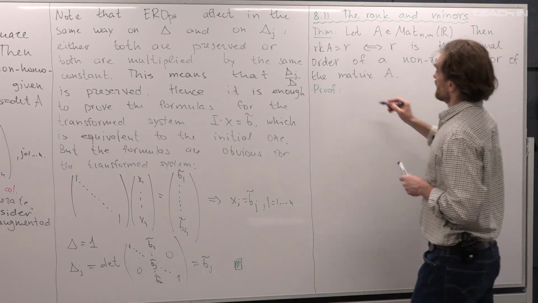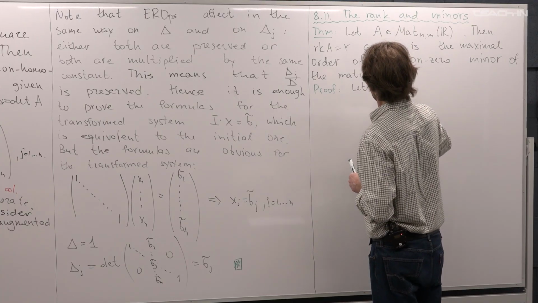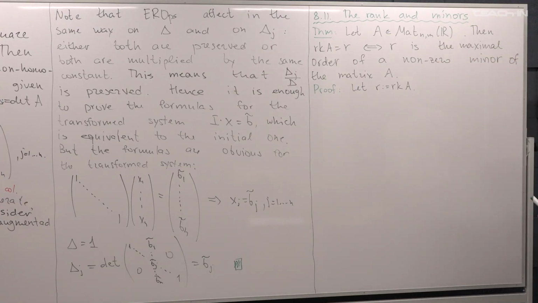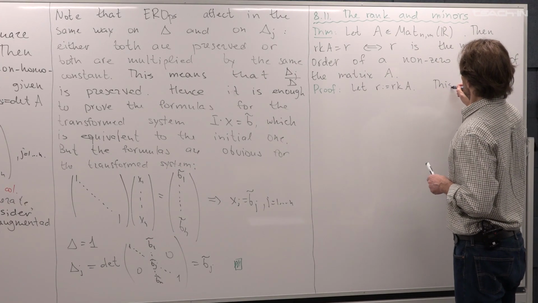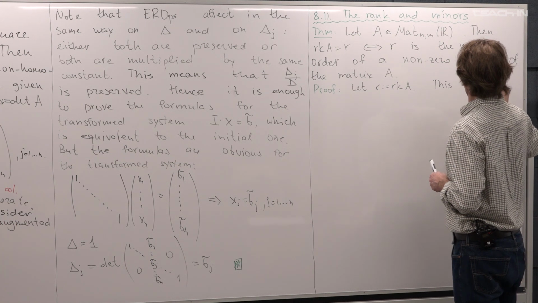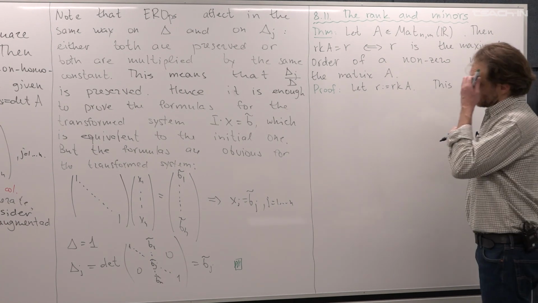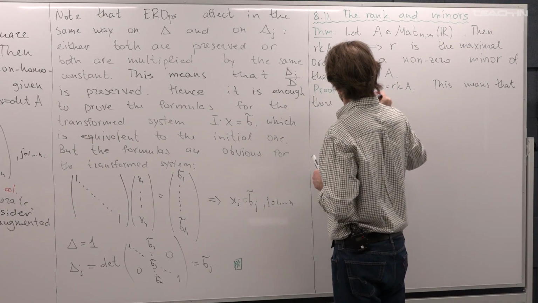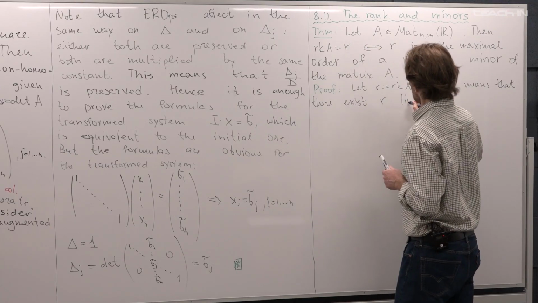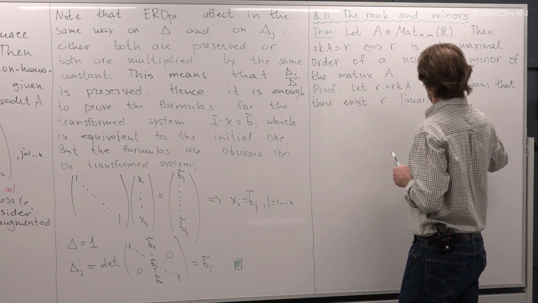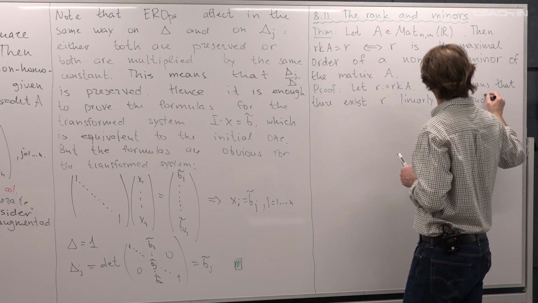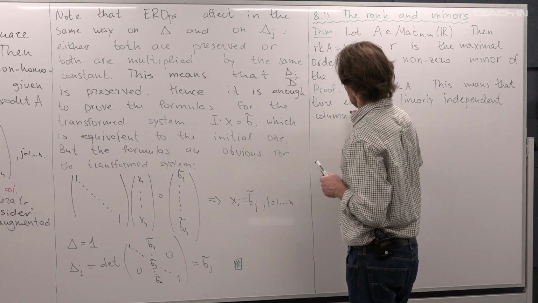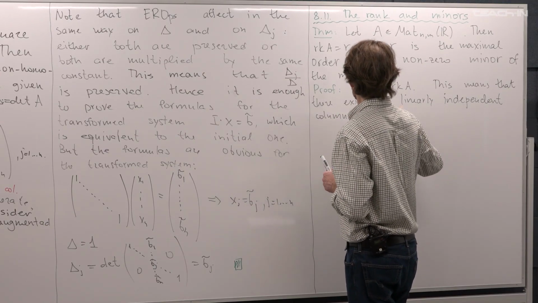So first of all, let R be the rank of A. So this means that there exist R linearly independent columns of this matrix.